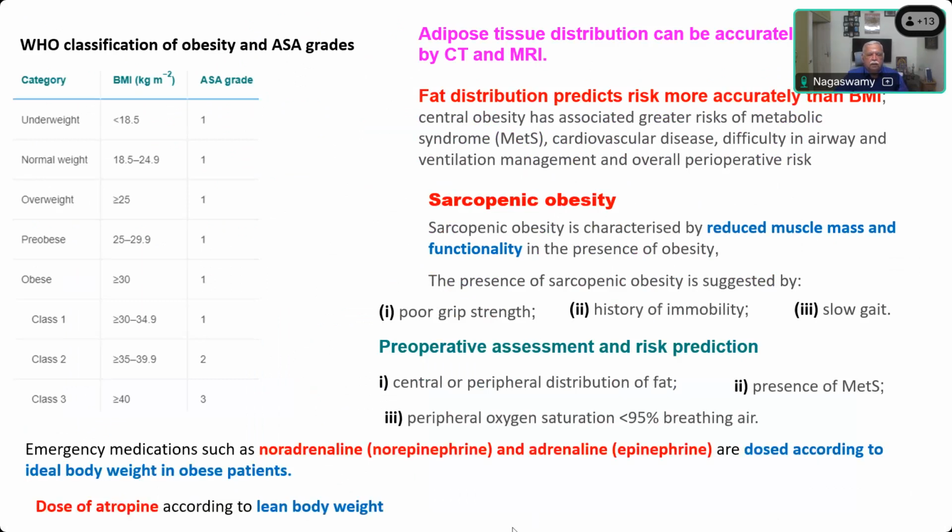When you try to give emergency medications like noradrenaline or adrenaline, it should be dosed according to the ideal body weight in obese patients. This is the thing that you have to remember. So you must always know the height of the patient in obesity, from which you can calculate the ideal body weight as I showed earlier. Whereas the dose of atropine you can give according to lean body weight, which is ideal body weight plus 20%.